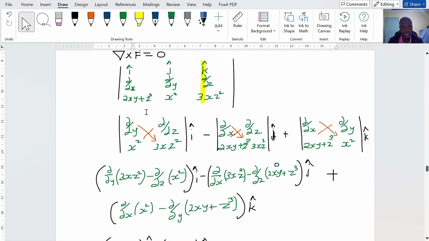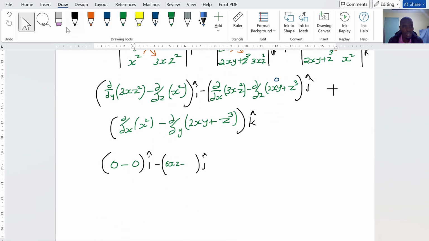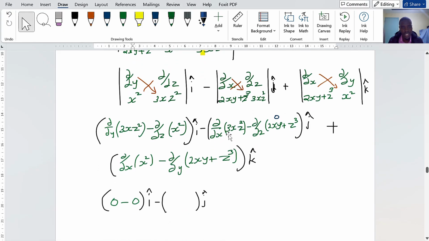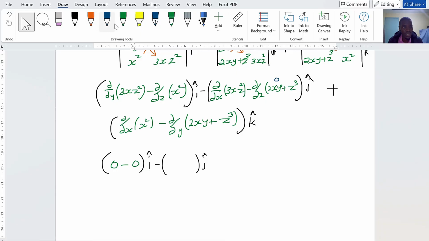Remember we were told to prove if it's a conservative force. So I'll just rub this and repeat j. J is here. So we pick d/dx, 3xz squared. Okay, so let's continue. Now d/dx of 3xz squared is 3z squared, minus d/dz.